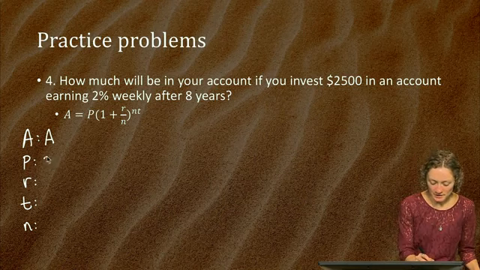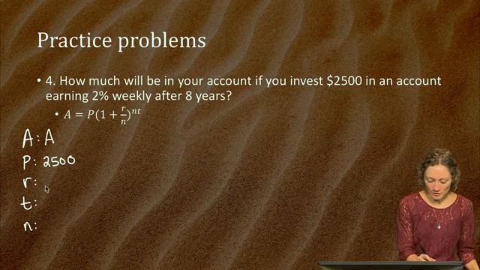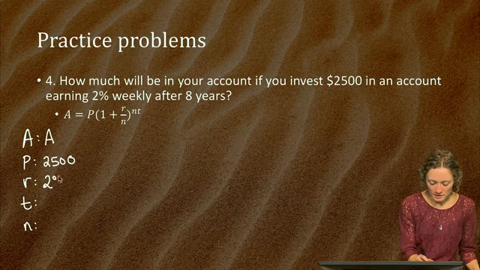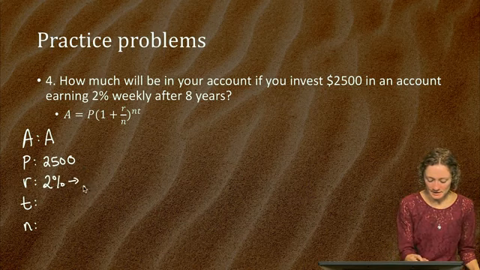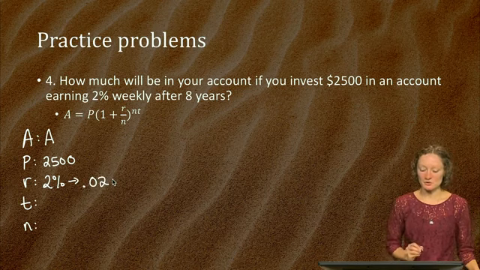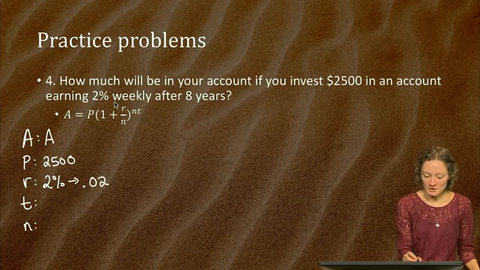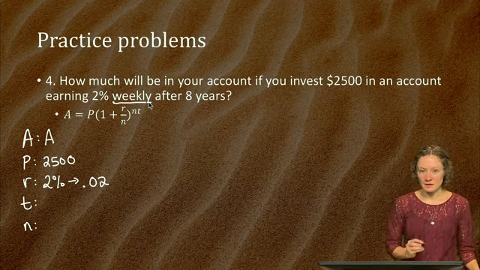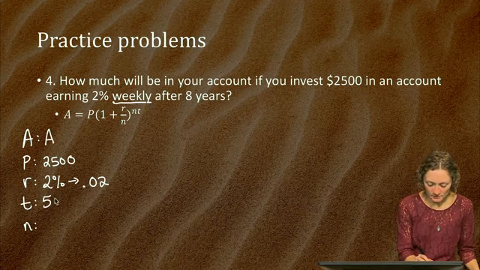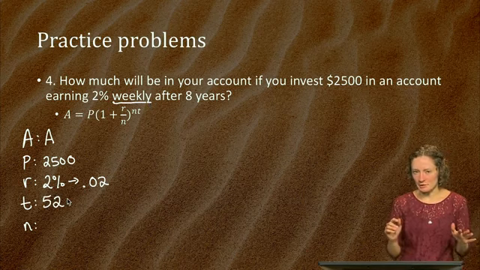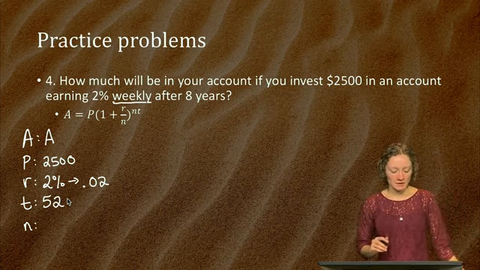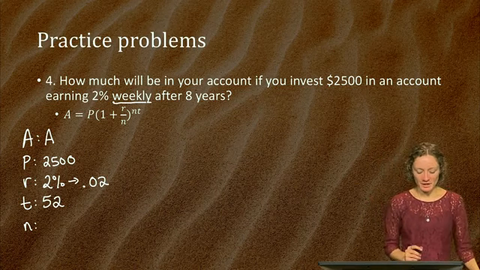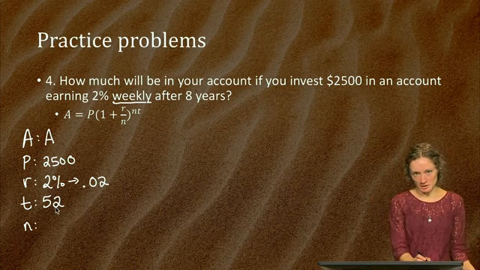If you invest $2,500, the initial amount, in an account earning 2% as a decimal, 0.02, compounded weekly, how many weeks in a year? 52. I realize it's not a perfect number, it's 52 point something weeks in a year, but you can assume that it's just going to be 52 if you're asked about weekly.